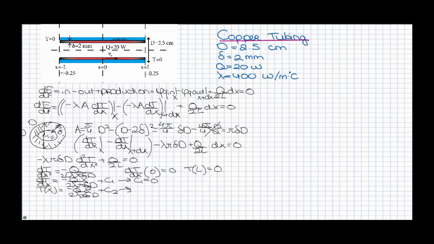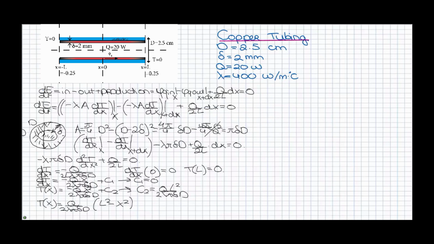And if we use the second boundary condition, then we find for the second constant that it needs to be this. If we now fill in the constants in the equation we found for the temperature for this tube, then we will find the overall temperature balance.